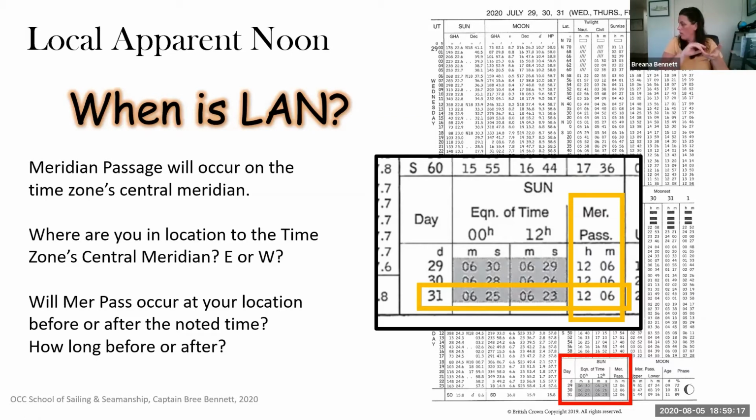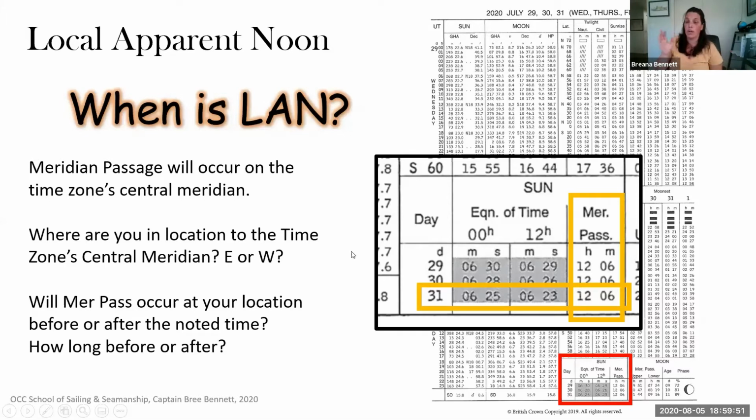And if we remember our zone description table, it has which meridian is used for each time zone. Or we can just multiply the time zone by 15, and that's the central meridian. So that's what I do because it's easier than looking it up. You just multiply the zone description by 15, and that's the central meridian.